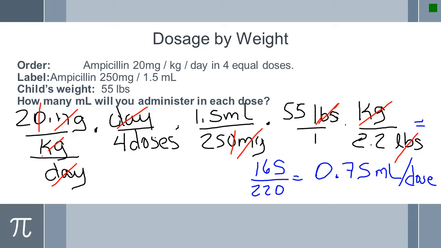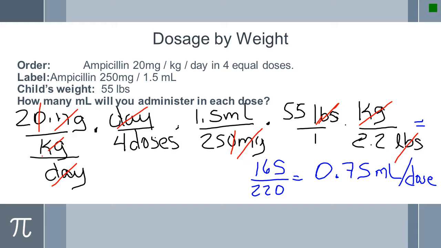Let's try another one. This one we've got 20 milligrams per kilogram per day. It tells us that it's in 4 doses, and we want doses at the end. So I could put my day in here is 4 doses. Then my label has my milligrams and my mils.